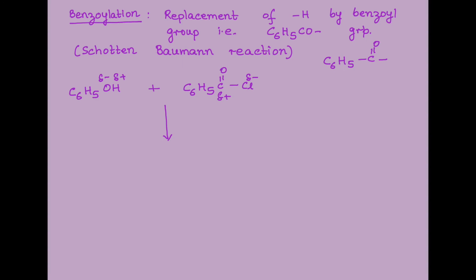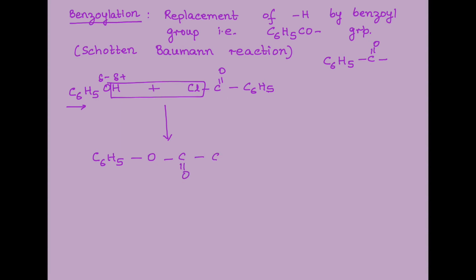Oh yes, you already flipped it. Very good, well done. So let's make our learning easy. C double bond O, C6H5. And there we go. Our box is ready. Start writing from the left hand side. C6H5 O C double bond O C6H5.